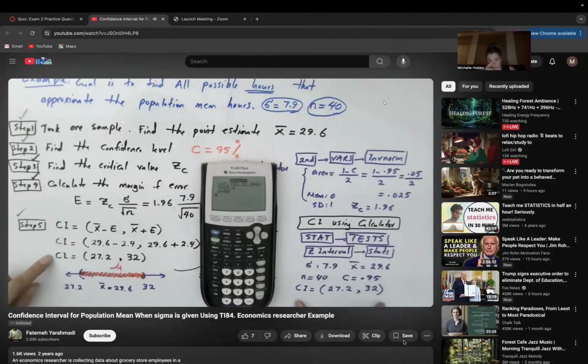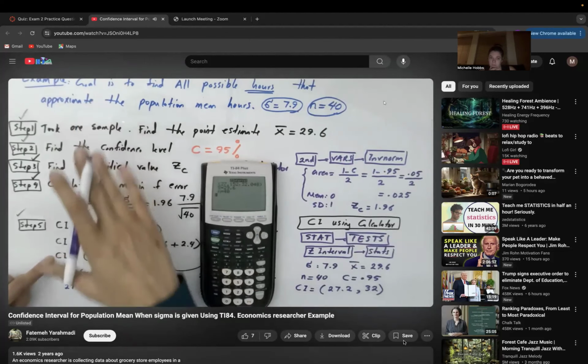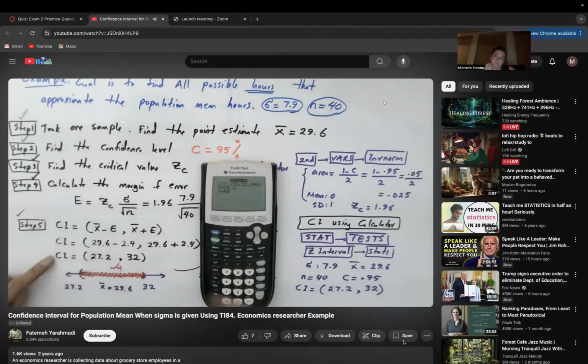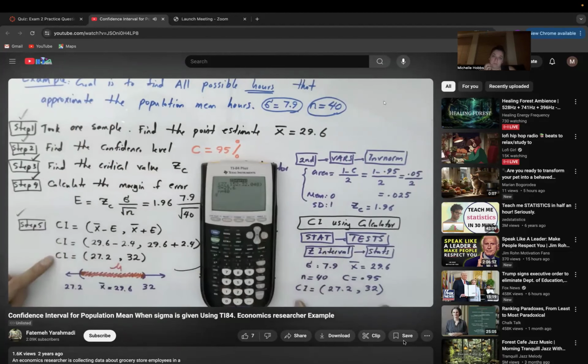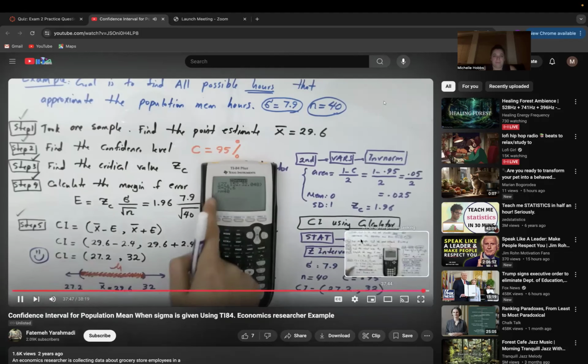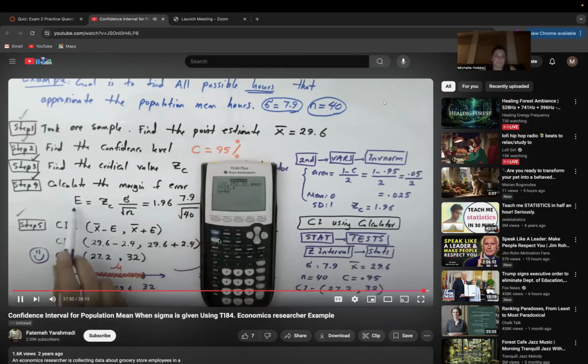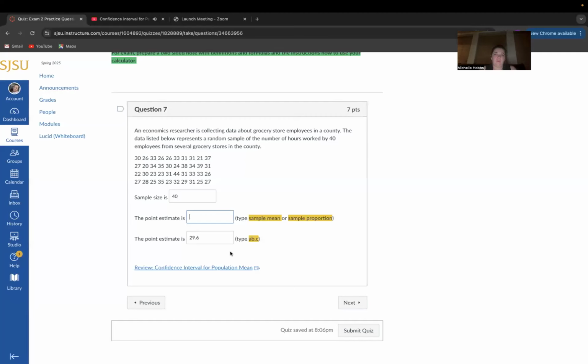See, they are the same. So it means that the calculations that we did match the calculation that the calculator did for us. So it means that we are happy, we have a great confidence interval. But as you can see, your calculator doesn't give you the margin of error. And this is for a sample mean.